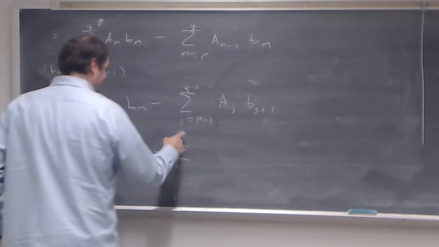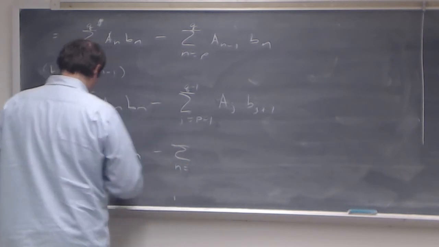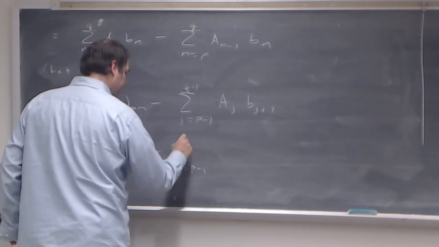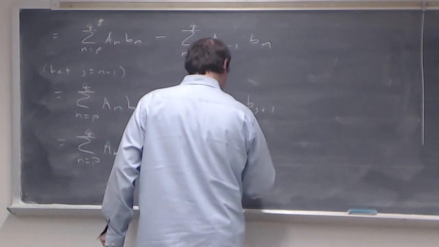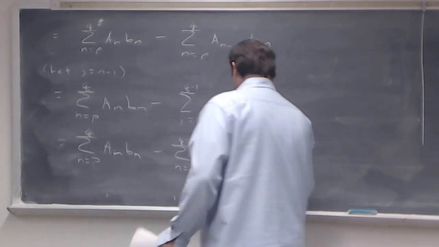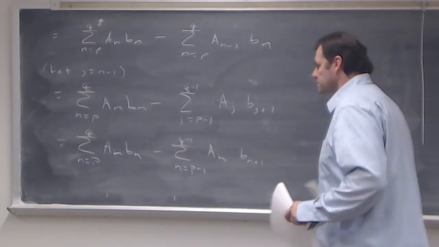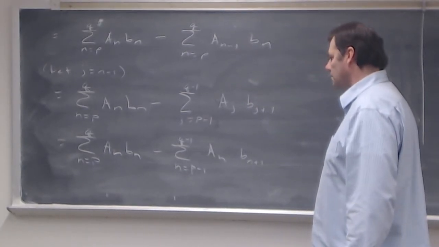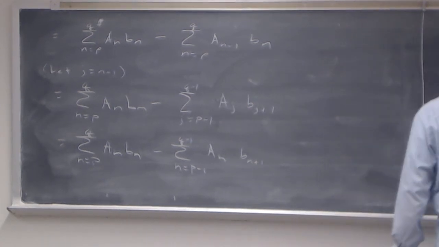So here I'm letting n be equal to j. It's not the same n again. I'm just translating them into the same index here. So it's the sum from P minus 1 to Q minus 1 of A sub n, B sub n plus 1. So that I have the same indexing here, and we're looking at this subtraction. A lot of the terms overlap in terms of the index.